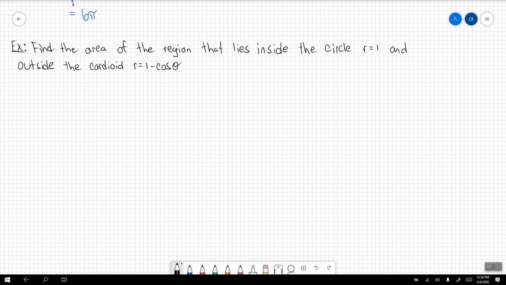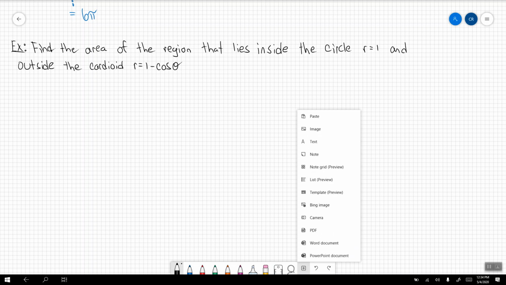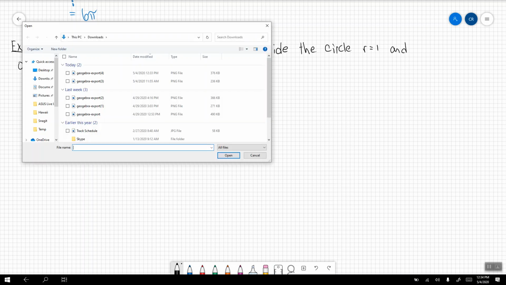I've already taken the liberty of graphing them, so I will be posting that graph here, and that graph again is an export from GeoGebra. So if you haven't done so, go ahead, take some time and go ahead and graph it yourself.